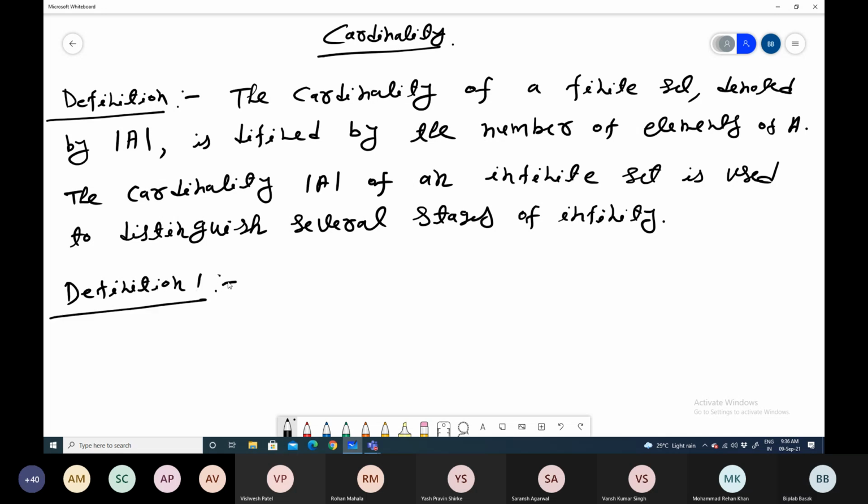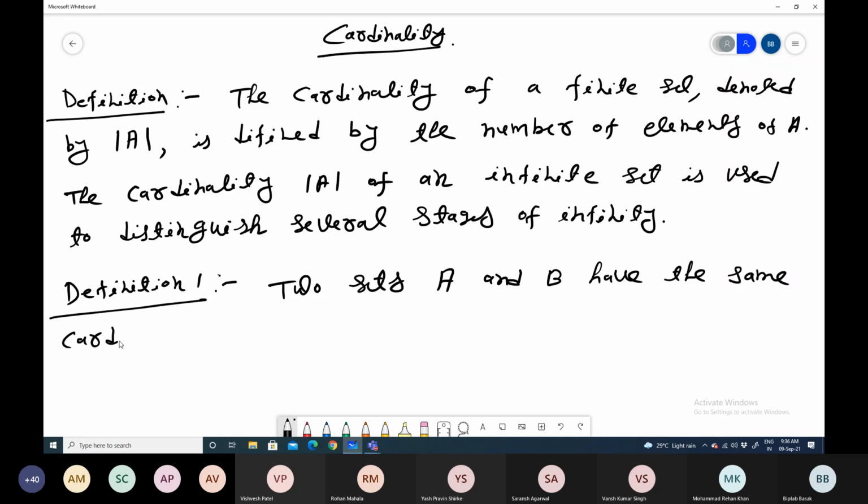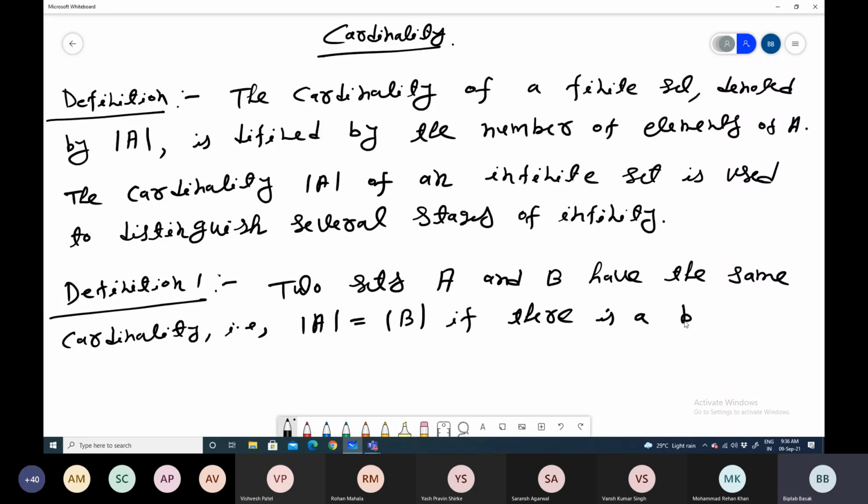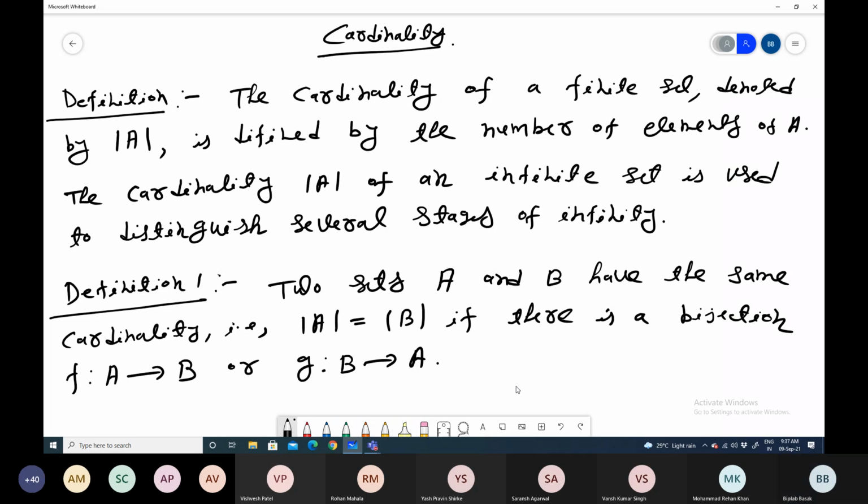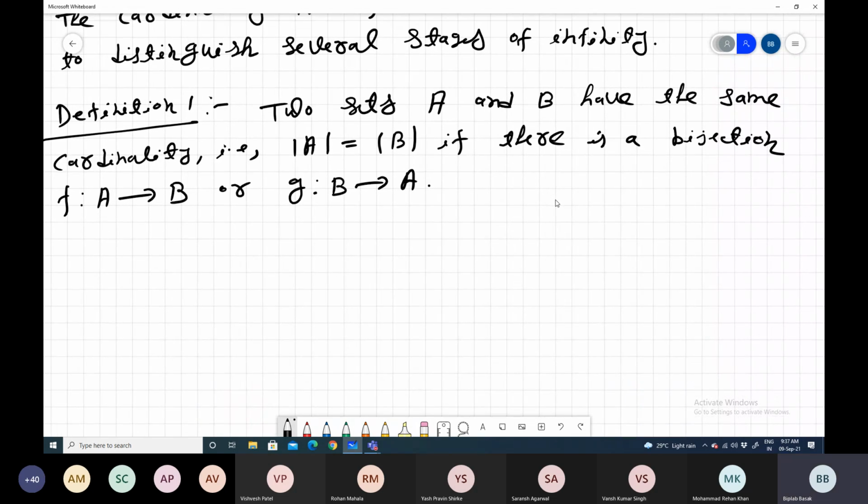Definition one. Two sets A and B have the same cardinality if there is a bijection f from A to B, or you can say there exists a bijection g from B to A. So if there is a bijection between two sets, then we say that they have the same cardinality.